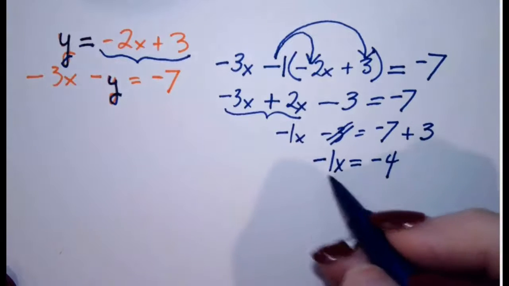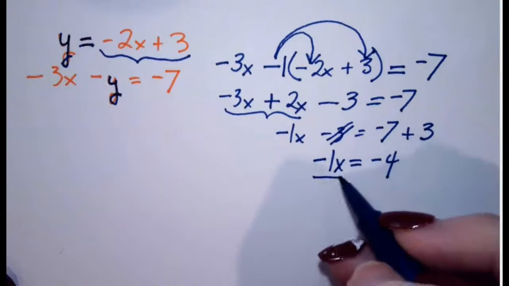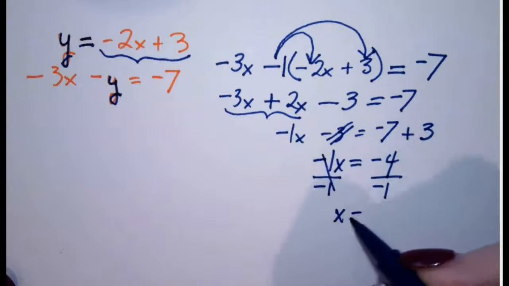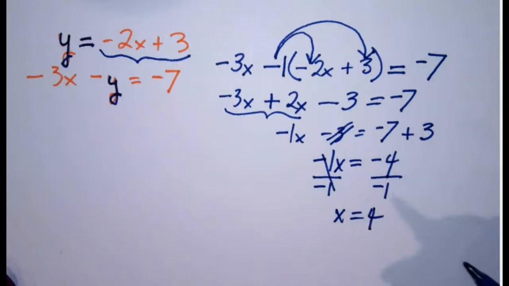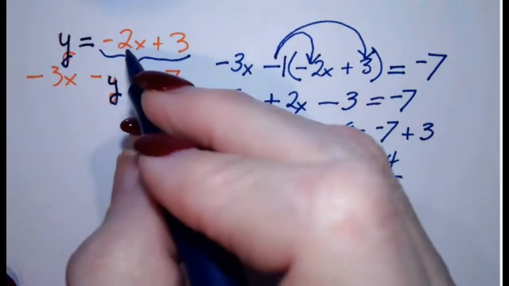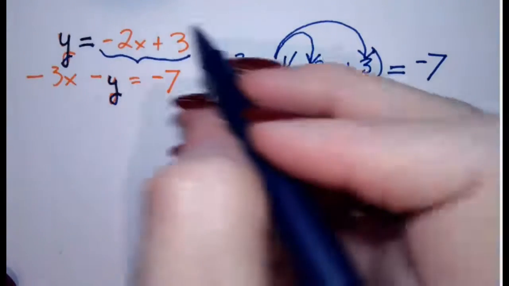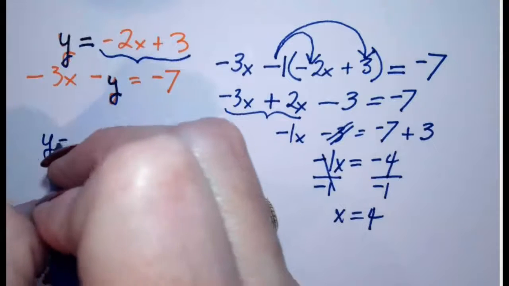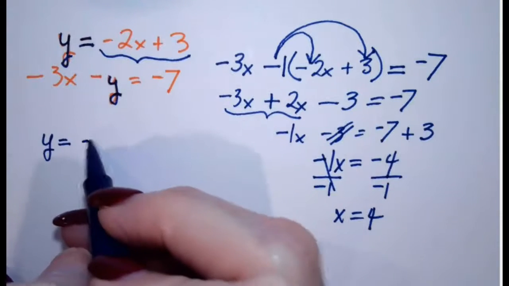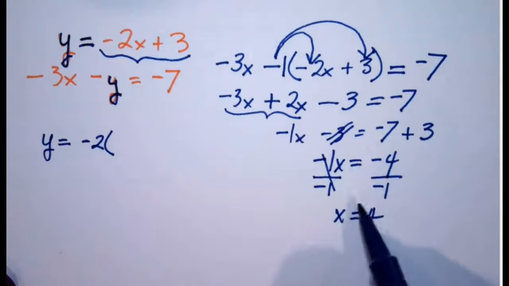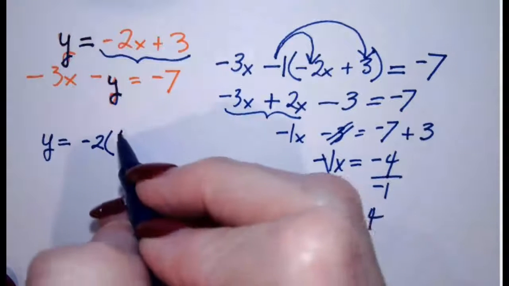I still have something sitting in front of x, so I'm going to divide both sides by negative 1, negative 1. X equals 4. How do I find y? I simply put my x into this equation. So now I have y equals, I'm going to put a -2, and instead of writing x, I'm going to write 4.